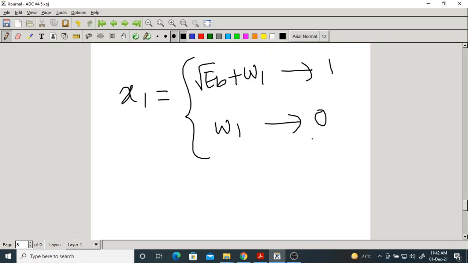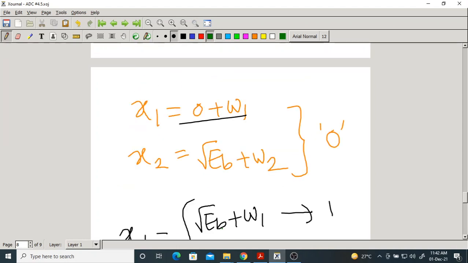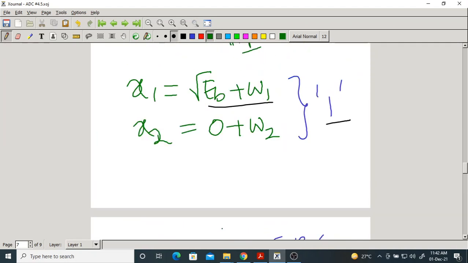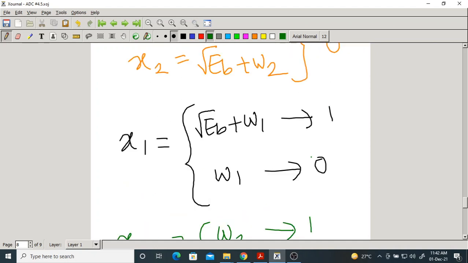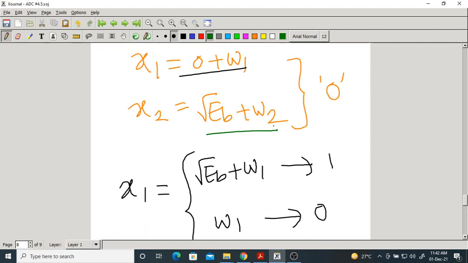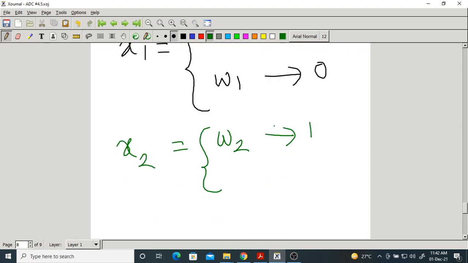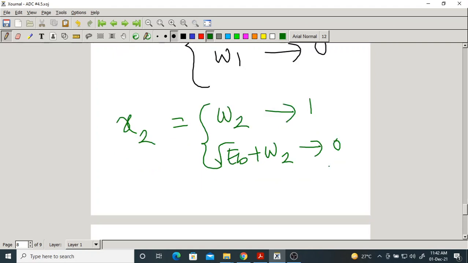In the same way, what is X2? For symbol 1, X2 is 0 plus W2, simply W2. For symbol 0, root EB plus W2. These are the observation vectors.